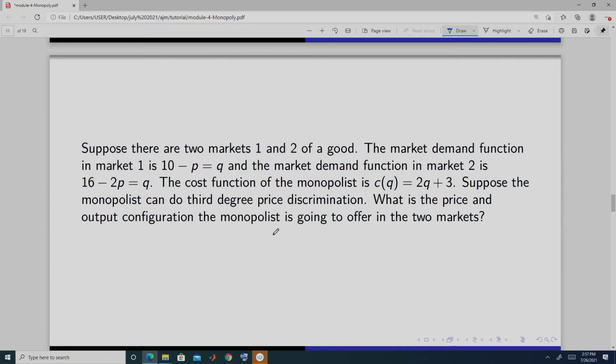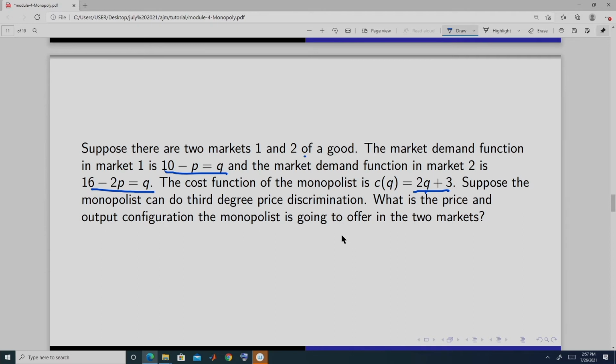Now, let us do another problem related to price discrimination, and this problem is related to third degree price discrimination. So, suppose there are two markets, market 1 and market 2, and the demand function of market 1 is this and the demand function of market 2 is this. The cost function of the monopolist is this. Okay. So, it is a constant marginal cost, and suppose the monopolist can do third degree price discrimination.